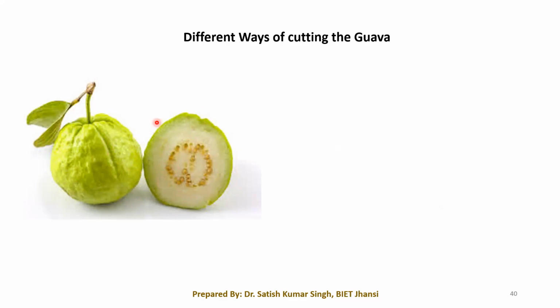So basically what I want to explain to you all is that if we have a guava, and we are interested in the number of seeds and the pattern of the seeds, then this surface property actually depends on the way we cut the guava, whether vertically from the middle, horizontally from the middle, or at a certain inclination.